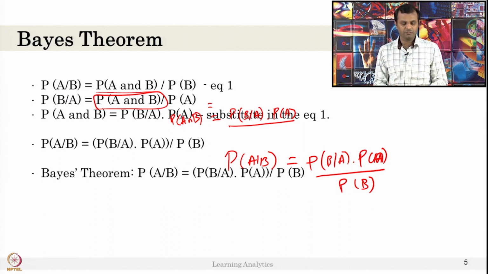It is the probability that A will occur given B already occurred, or given some value of B, is probability of B by A into probability of A divided by probability of complete B, like not just the particular probability of the event occurring, but all the possibilities of the event occurring, if it has 3-4 values, all the values occurring together.